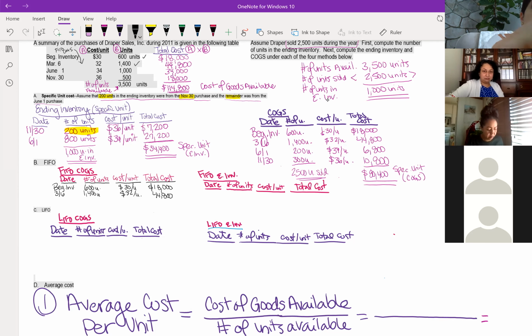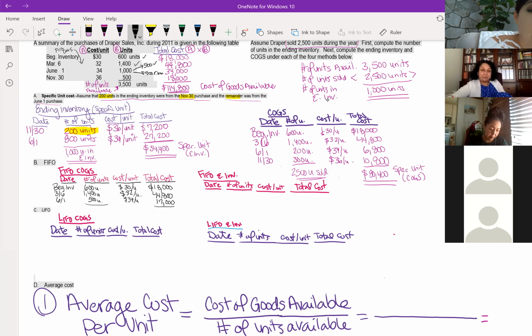So I'm going to take from June 1st 500 and assume it's sold. And that means that 500 from June 1st are in ending inventory. I'm breaking up that June 1st layer. So June 1st, 500 units at $34 per unit are going to be expensed, $17,000, if I did the math correctly.